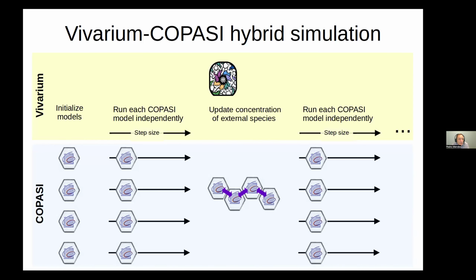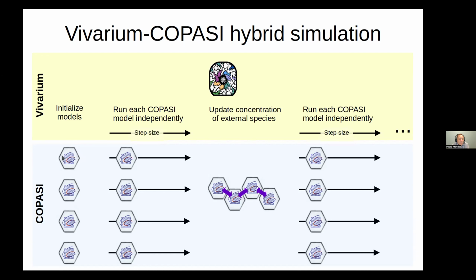So we're going to study how this happens, and we're going to use the segment polarity network of Drosophila to do this. And we're going to use Vivarium and COPASI. And how we're going to do this is that in the Vivarium approach, we're going to code just one cell from the von Dassow model. And this cell basically just has the network that one cell has, and each one of them has that.